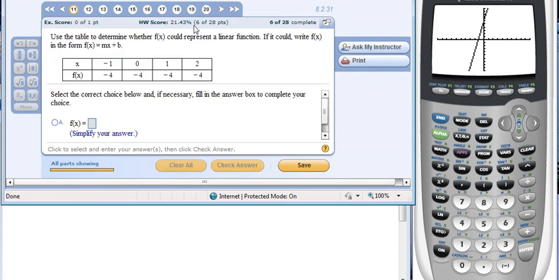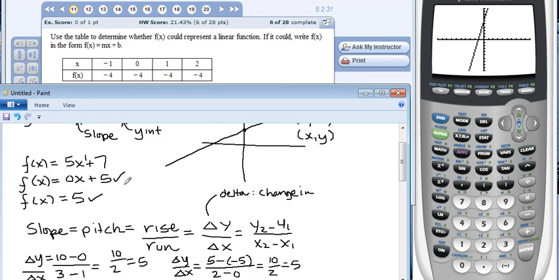All right, so we're in question number 11 here. Well, this one's interesting, isn't it? Look at the y values. They're stuck at -4. Isn't that like this one here, f of x is equal to 5?